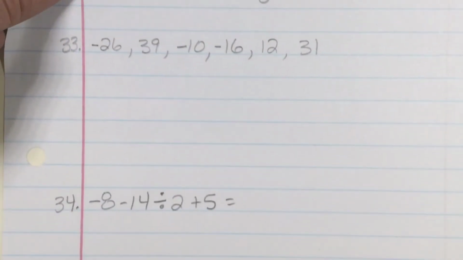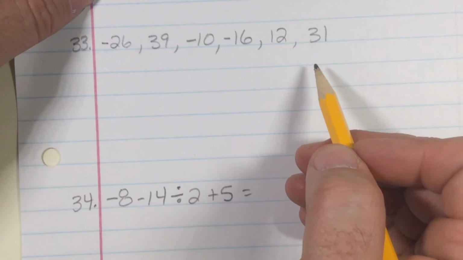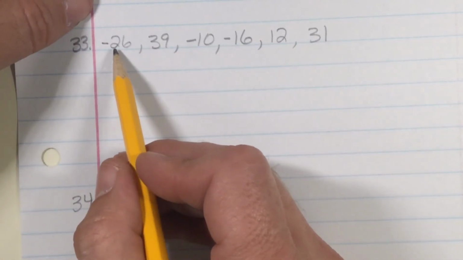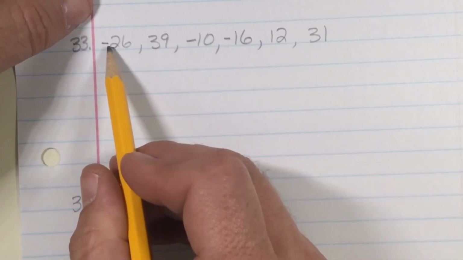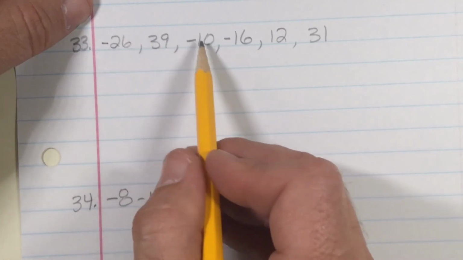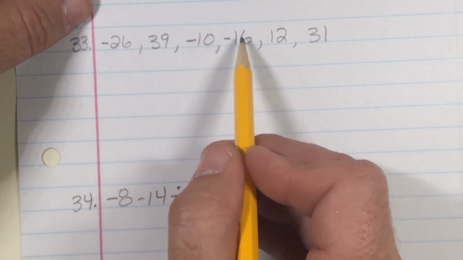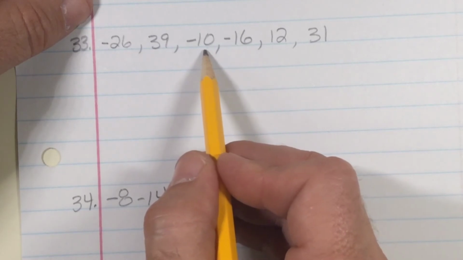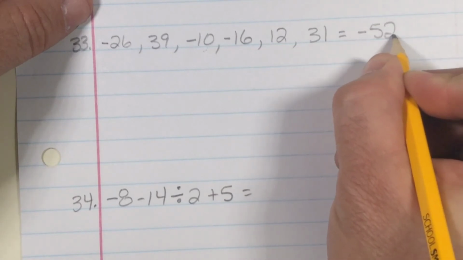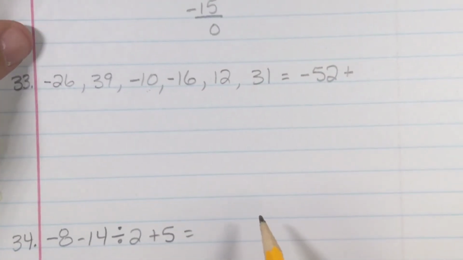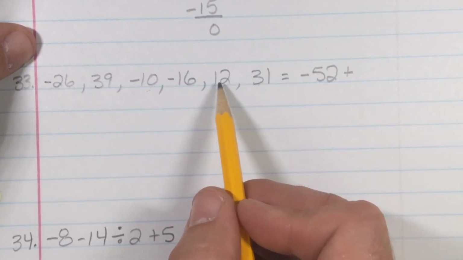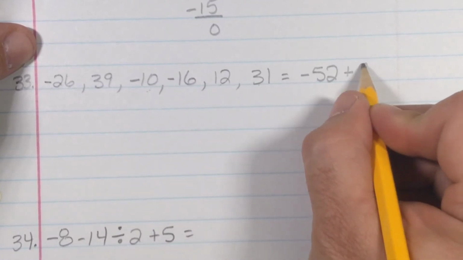For number 33, same kind of problem. We'll add all these together first and then divide by 1, 2, 3, 4, 5, 6. So here's some negatives. We'll put the 3 negatives together. Negative 26 and negative 10, same sign, add and keep, so that'll be negative 36. And then add another negative 16 will give us negative 52. So I have negative 52 plus, for my positives, 39 and 31 would be 70, plus 12 would be 82.